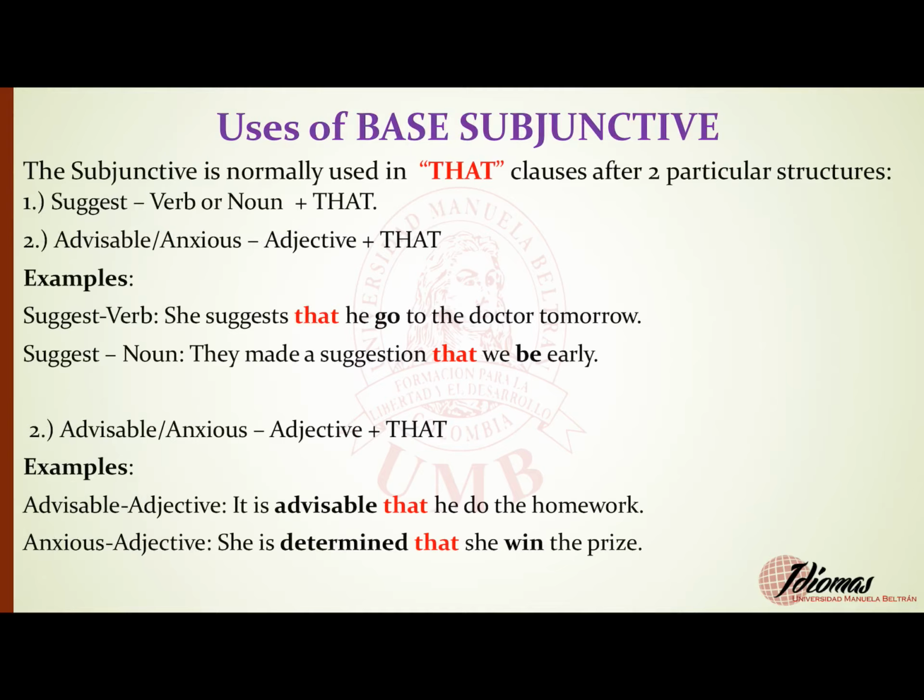Normalmente tenemos un S. We have an S on the word win because we're talking about tercera persona. But guys, with the use of base subjunctive, there is no S on any of the verbs. We only use the base form of the verb after we use the word that.